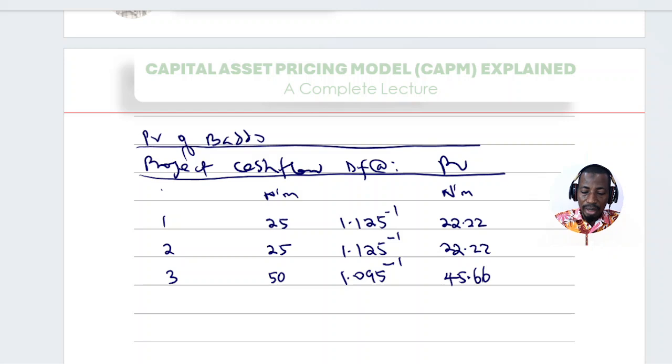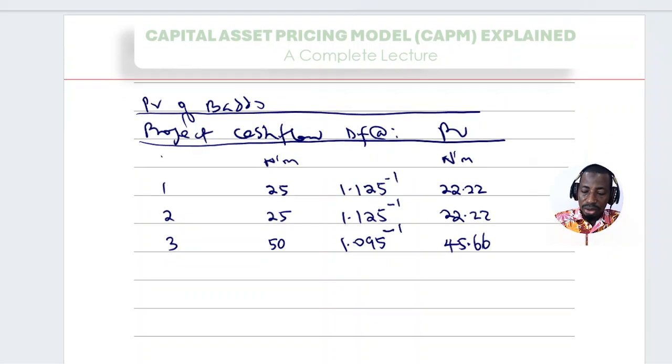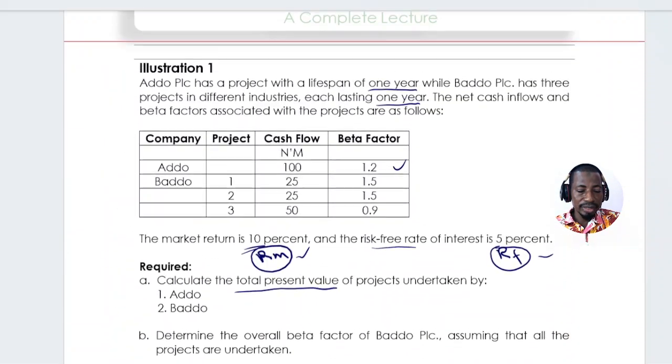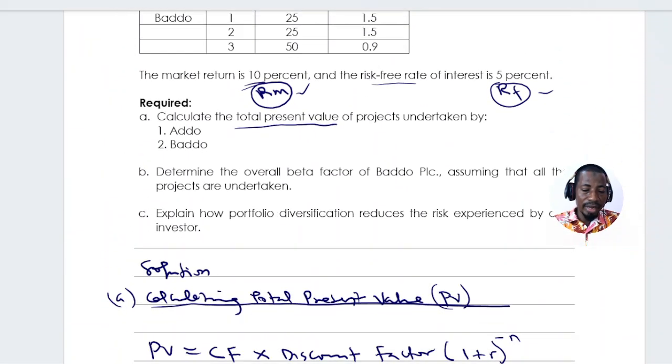So we add up everything. This will produce total present value equal to 90.10 million. So that's the total present value of Bado PLC. So we just answered requirement number A.